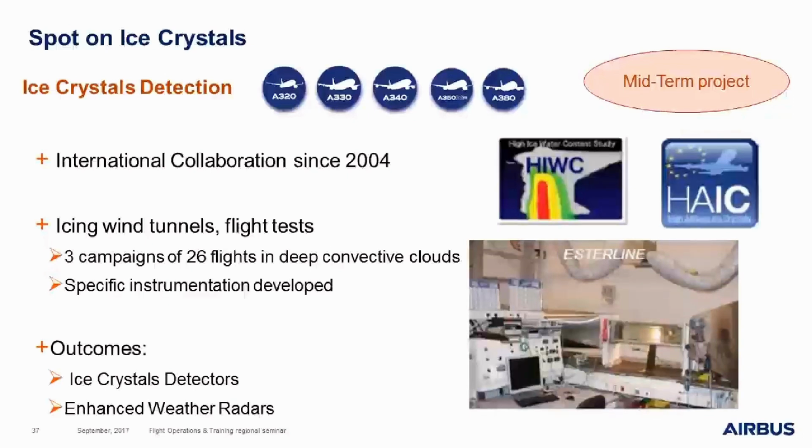As an example, there were 3 campaigns of 26 flights in very deep convective clouds. We have also developed a specific instrumentation for these flights. The outcomes that will come in the coming months or years are ice crystal detectors and the possibility to get enhanced weather radars that will detect ice crystals.